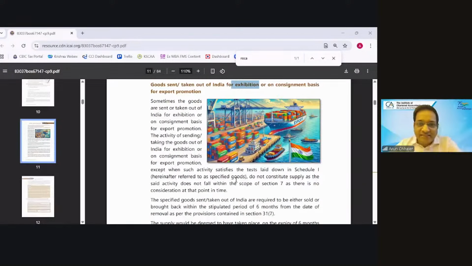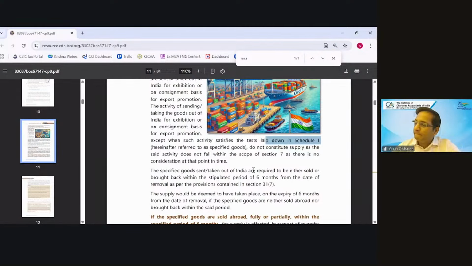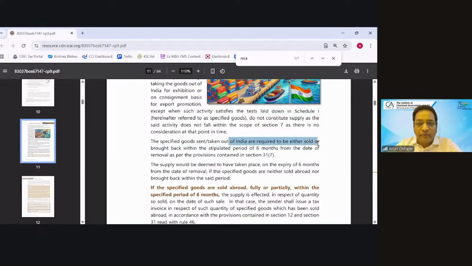Therefore, the circular says that if it is sent out of India for exhibition, in that case the activity will be considered as supply if it satisfies the condition of Schedule 1, if it falls in Schedule 1. The specified goods taken out of India are required to be either sold or brought back within the specified time period of 6 months from the date of removal, as per the provision contained in Section 31 subsection 7.